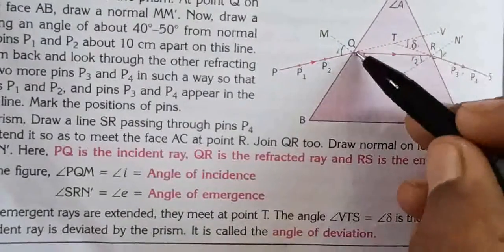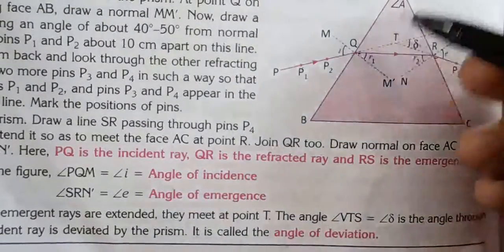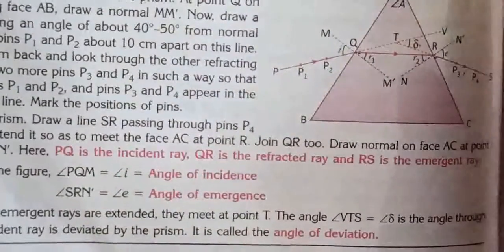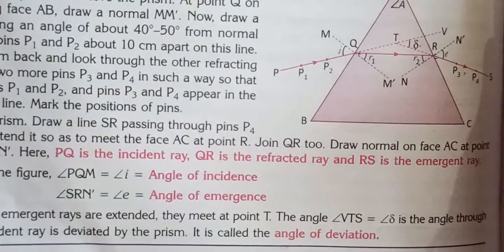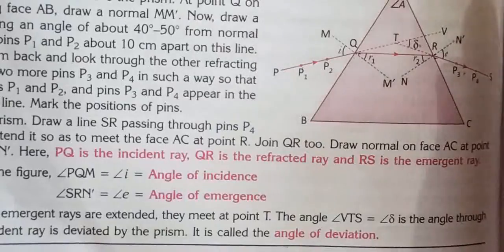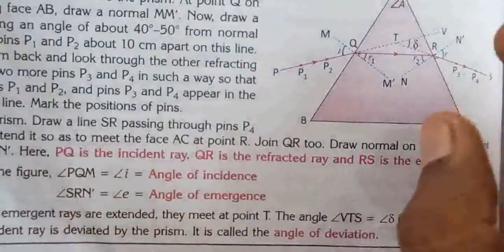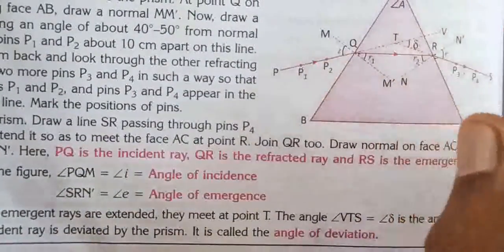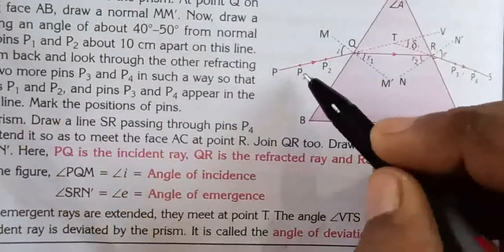Then we join Q and R afterwards, then we get this diagram, and we will do it in 9th standard, right? But for the time being, you just go through it, and this diagram you have to make very nicely and mention each and everything.